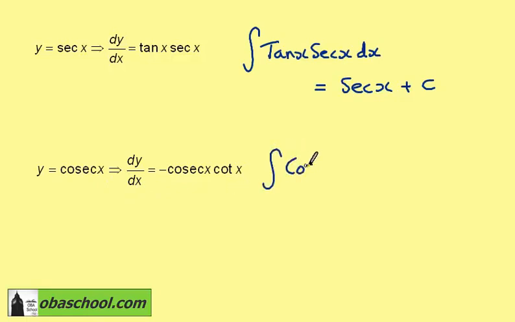So if we integrate cosec x cot x with respect to x, it stands to reason that we'll get minus cosec x plus a constant. Once again, look carefully at the signs on this last line.